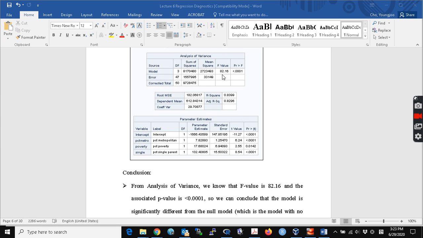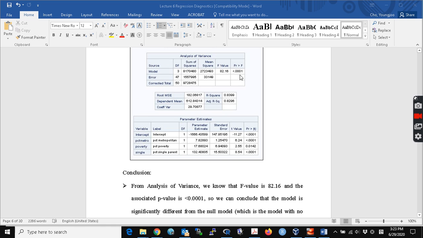And then you can see that the probability of the F statistic is less than 0.001, which is less than 0.05. So this means that the model is significantly different from the null model, with the null model being the model with only the intercept. So it means that our model is useful.